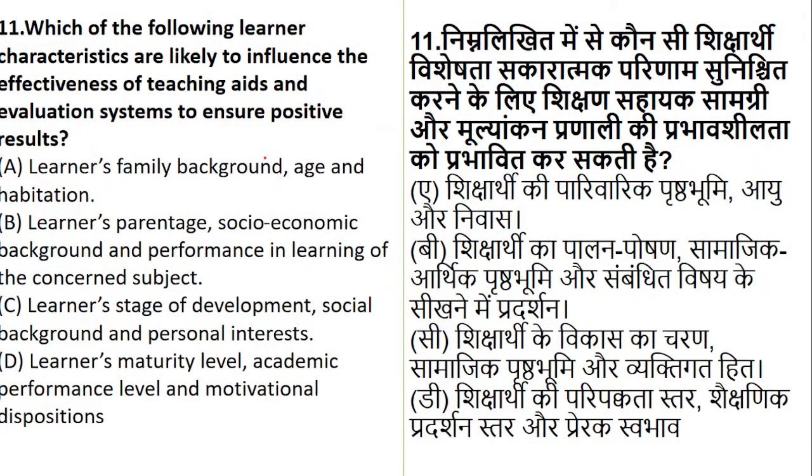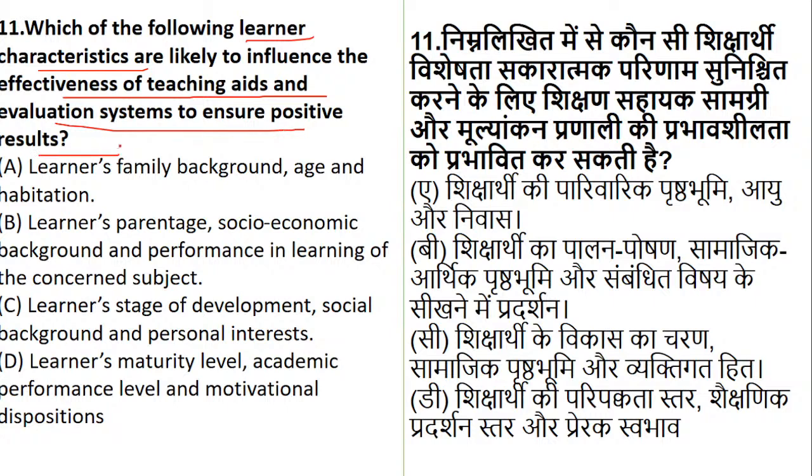Now, question number 11, everyone on the screen. Which of the following learner characteristics, now see, learner characteristics, you have a topic itself on learner characteristics. Which of the following learner characteristics are likely to influence the effectiveness of teaching aids and evaluation system to ensure positive results?